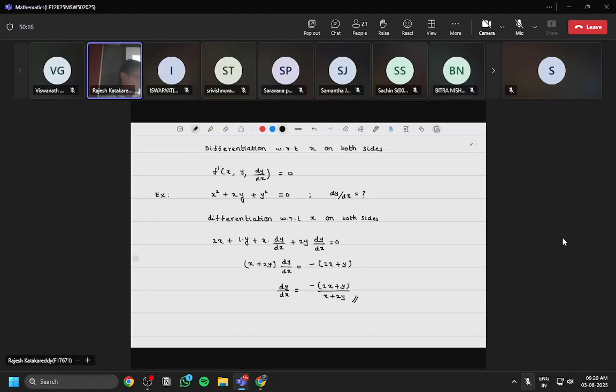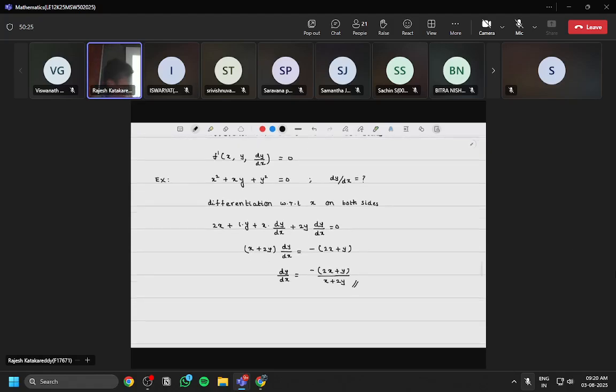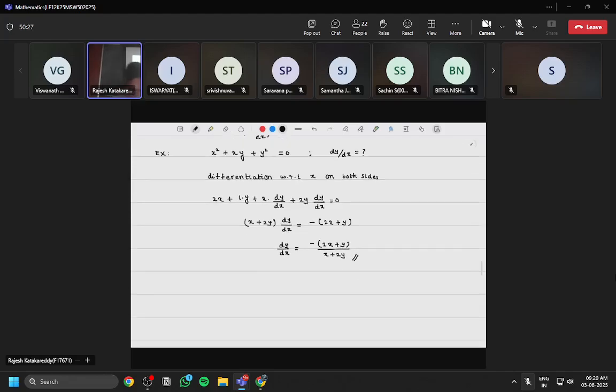If possible, in some problems we'll try to eliminate variable y. Here it is not possible to eliminate variable y, so I kept variable y in this. Now I can write a small formula here.